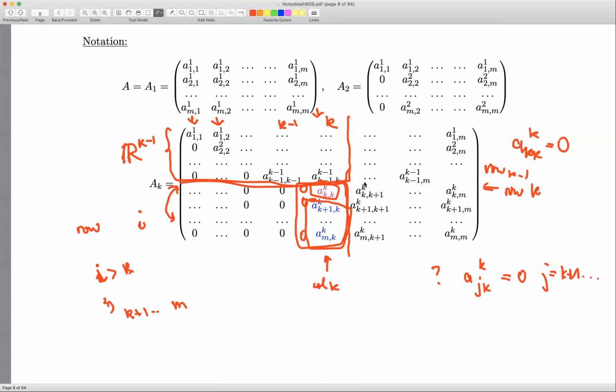Because this is column k, and here the rows go up to k minus 1. So if we cut out the zeros here and look at this upper left corner, this is the first vector, this is the second vector, and so on, this is the last vector in R^(k-1), and there are k of them. Well, we know that R^(k-1) is a space of dimension k minus 1, and therefore these vectors have to be linearly dependent.